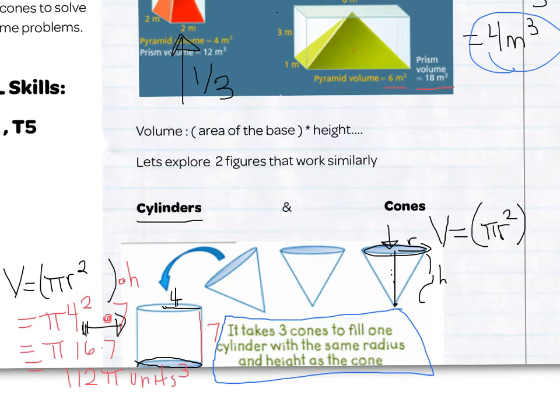And the last thing, because the 3 of these fit in, you're going to divide by 3. If we took this same problem where we got 112 pi units cubed, we could just take 112 divided by 3, and then add pi units cubed. And that would actually be the volume of one of these cones.